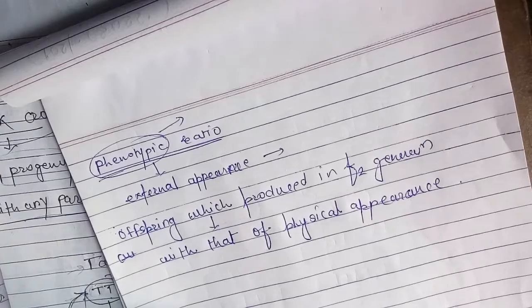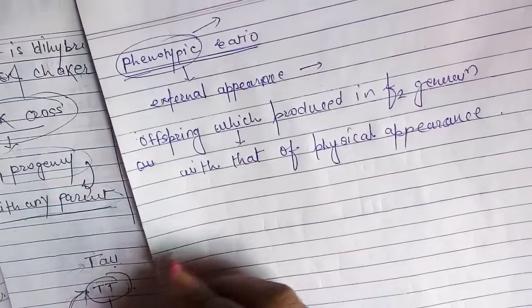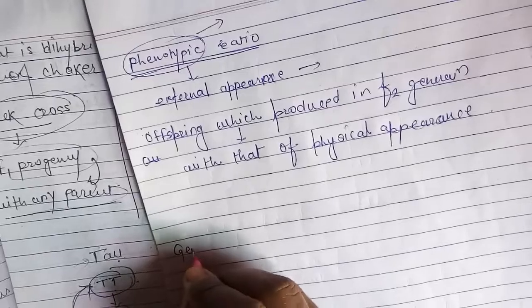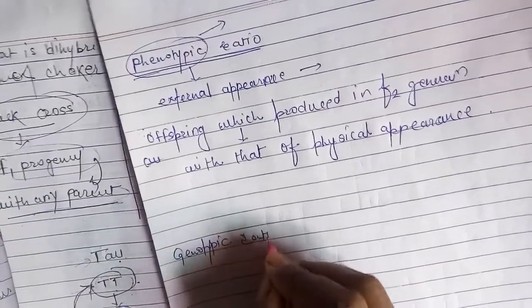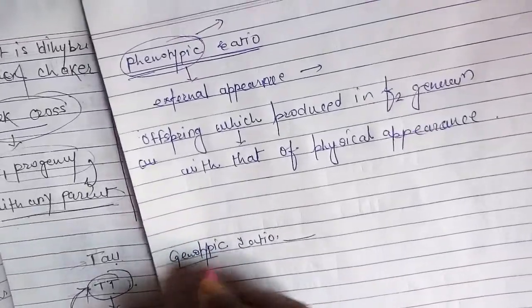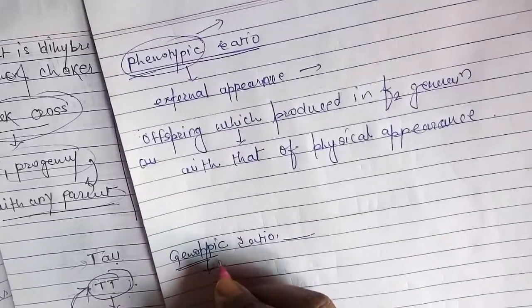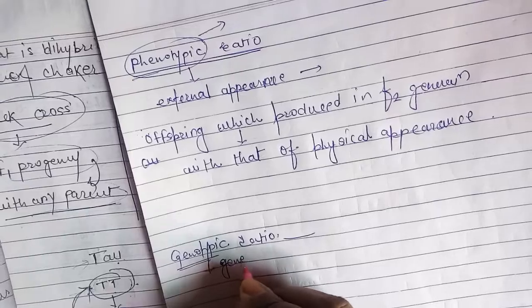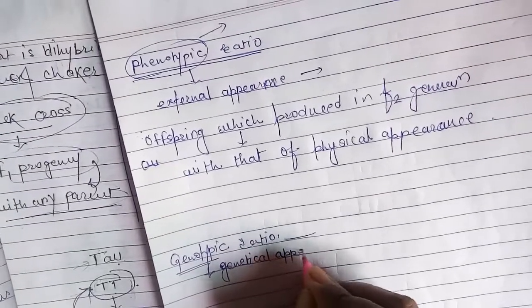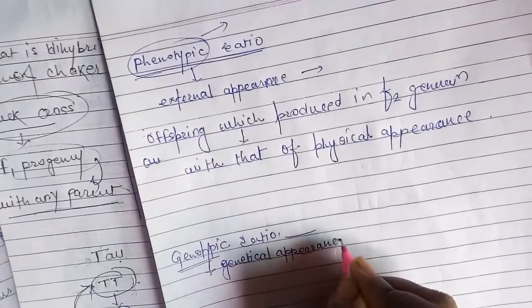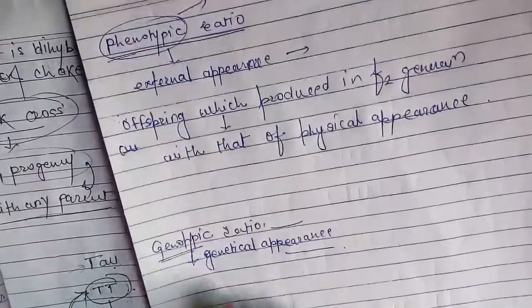And the definition of the genotypic ratio. You know that genotype means genetical appearance. So what is the definition?